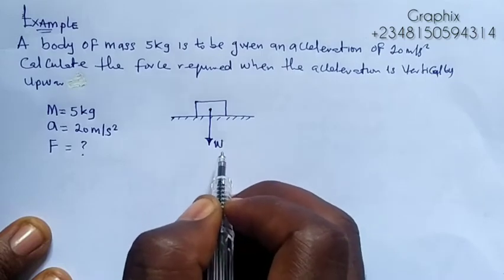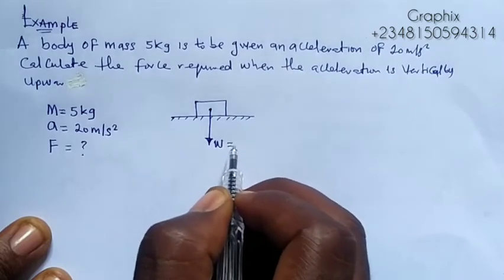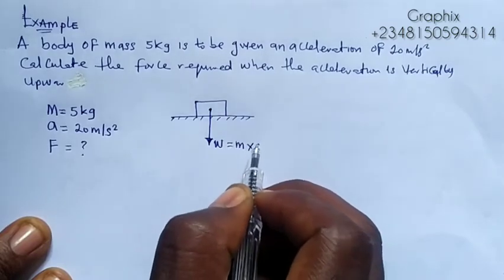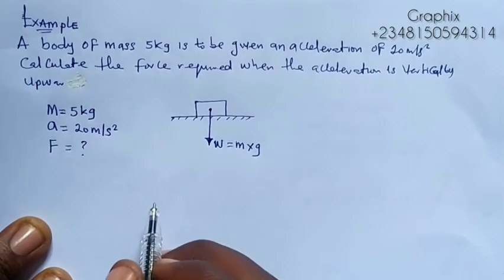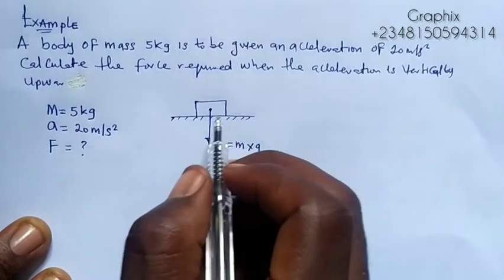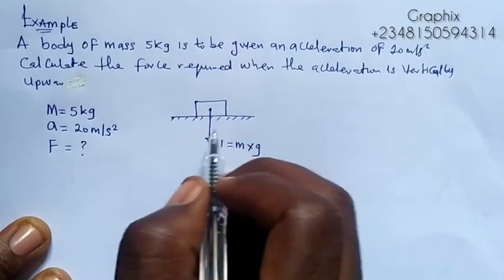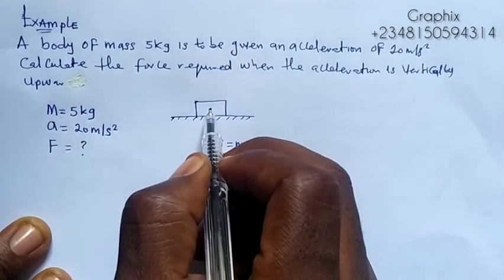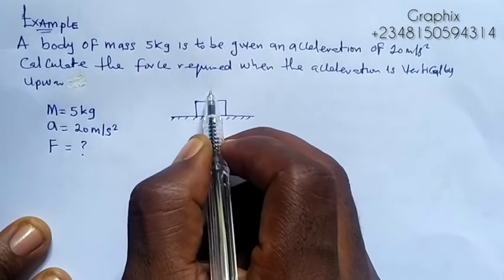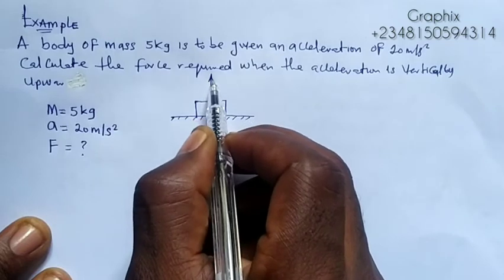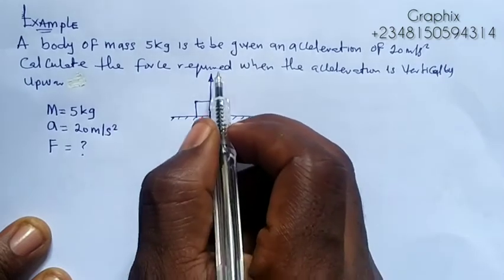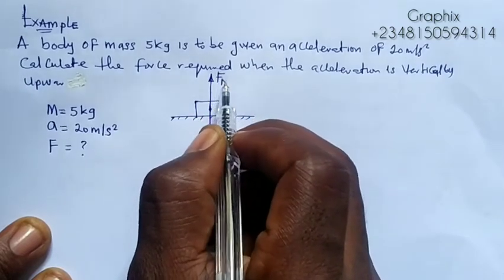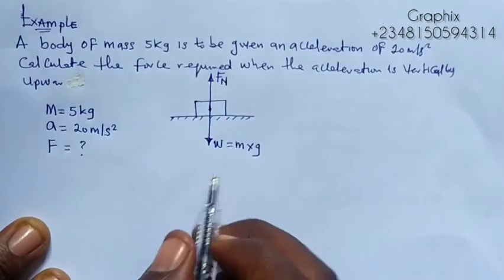W. And W is given as what? Mass times what? Gravity. Now there will be a reaction force that will be acting normal to the surface also, and we call it our normal reaction, Fn, or our reaction force.